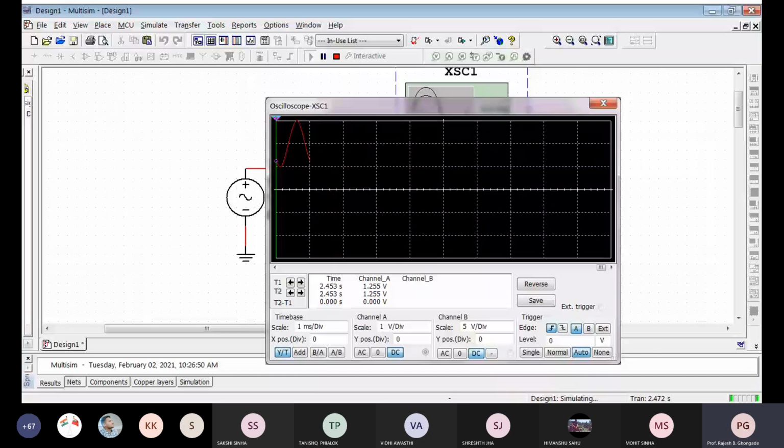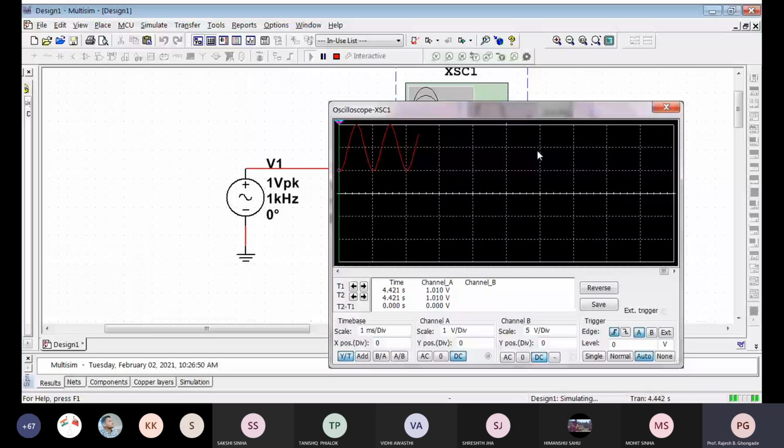Now, many times you want to see only the AC signal. So the coupling has to be only AC. It will remove the DC content. What do you think will be the coupling component? Think about that.